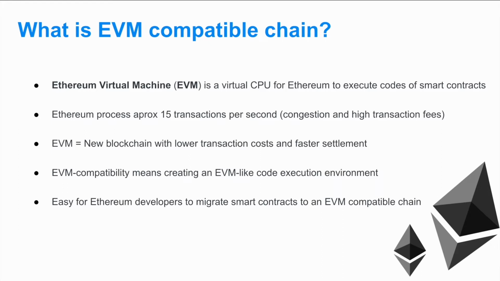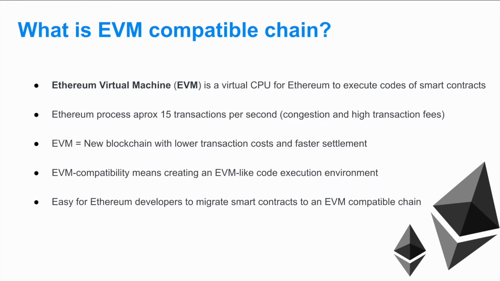It means that we have a new blockchain with much lower transaction fees and much faster settlements. Okay, so that's what we get with, for example, the EVM blockchain called Emerald ParaTime.